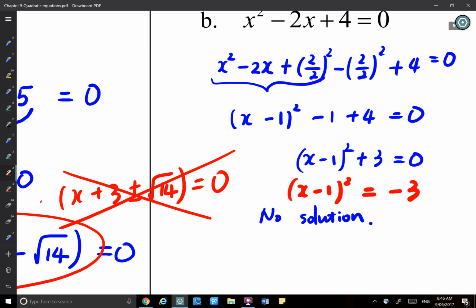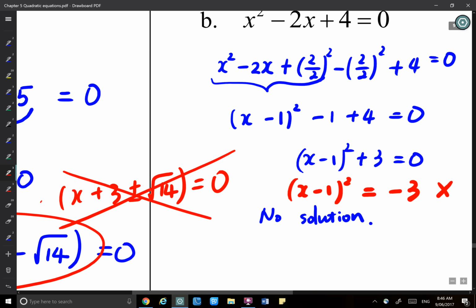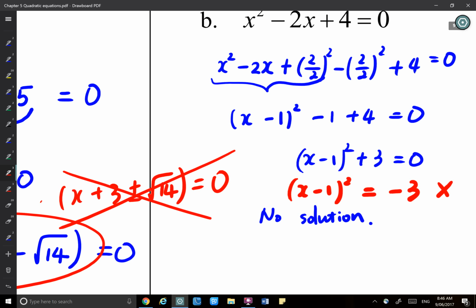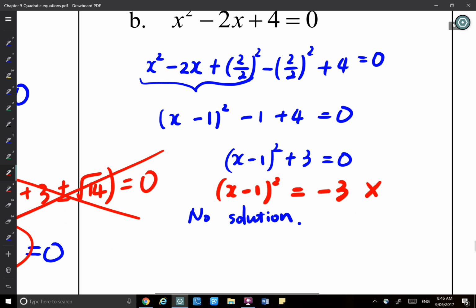It won't be negative. So this equation doesn't make sense. Anything squared needs to be greater than or equal to 0. So from that line, it's not correct, because something squared equals a negative means there's no such value that can make this statement true. So there's no solution here.